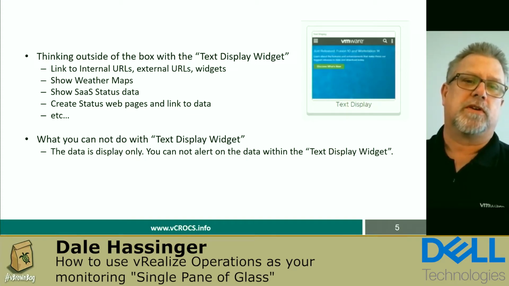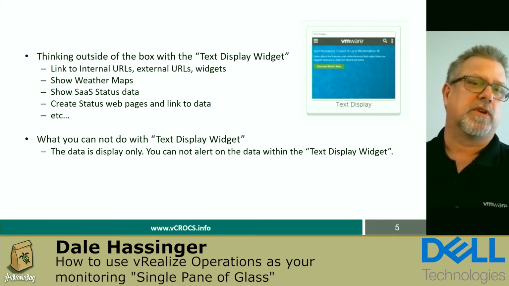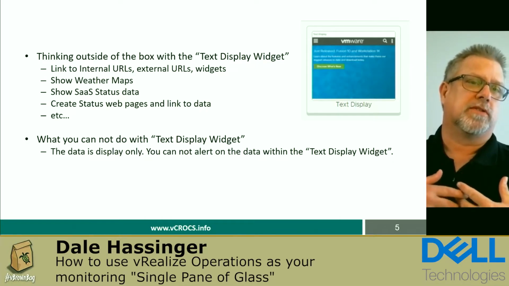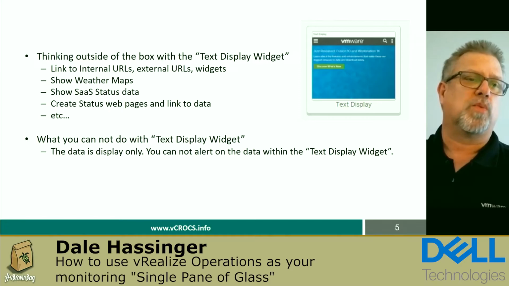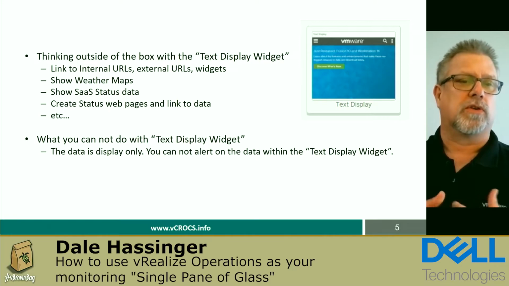And what really made me think about the topic of my presentation is when I started looking at the text display widget. With that widget, you can link to internal URLs, external URLs, and website widgets. You could show weather maps. If you have a lot of SaaS applications, a lot of them have a status website of how well they're doing, and you can link to that.